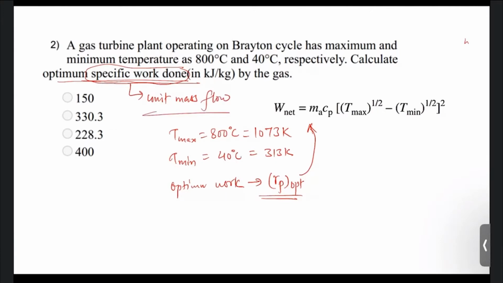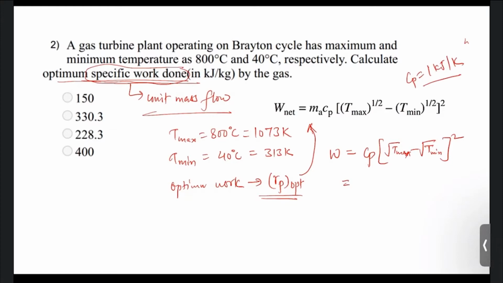So the specific work is c_p times (root of T max minus root of T minimum) whole square, and what is the c_p of air? The c_p of air is 1 kilojoule per kg kelvin.